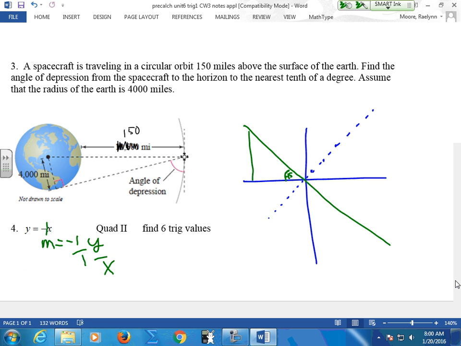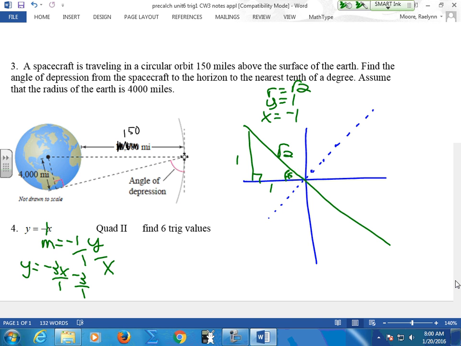Even if I said y equals negative 3x, my y would be negative 3, my x would be 1. Those would be the pieces of my triangle. This was kind of nice because I know what that is. So there's your 1, 1. So x is negative 1, y is 1, and r is radical 2. Can you find all your values based on that? Yep.